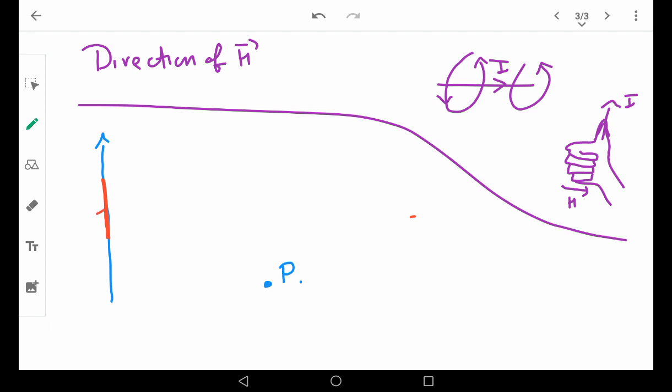There's a current I flowing through that conductor. This is point A and this is point B, right?